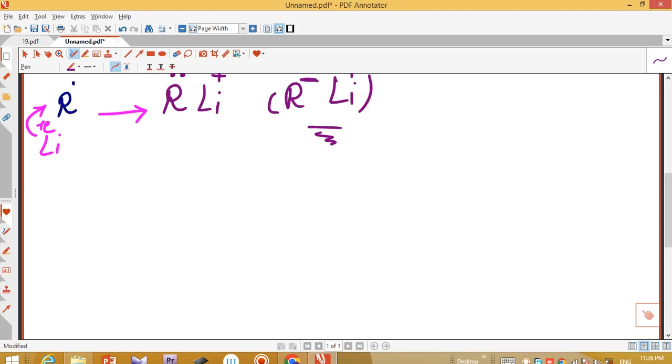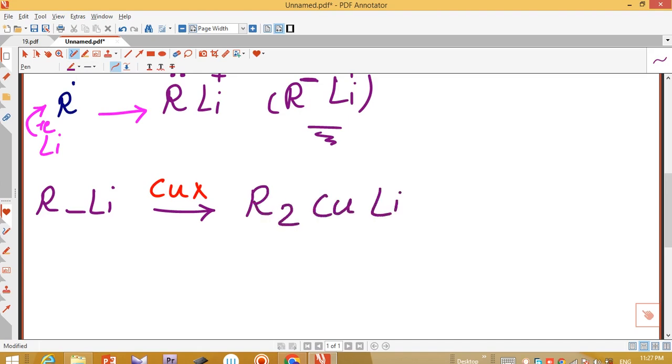After adding copper halide, any kind of halide, you will have R2Cu lithium, or diorganocopper lithium. So R2Cu lithium, very easy. What is this? This is the Gilman reagent. That's right. So what is the Gilman reagent?